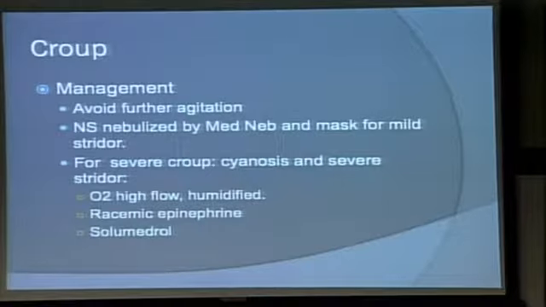Now, the problem with giving a steroid is that the only way we're going to give it is either by IM or IV, and preferably IV. The problem is, you're going to agitate the kid tremendously starting an IV. So somewhere in this treatment, the child's going to have to start the steroid.